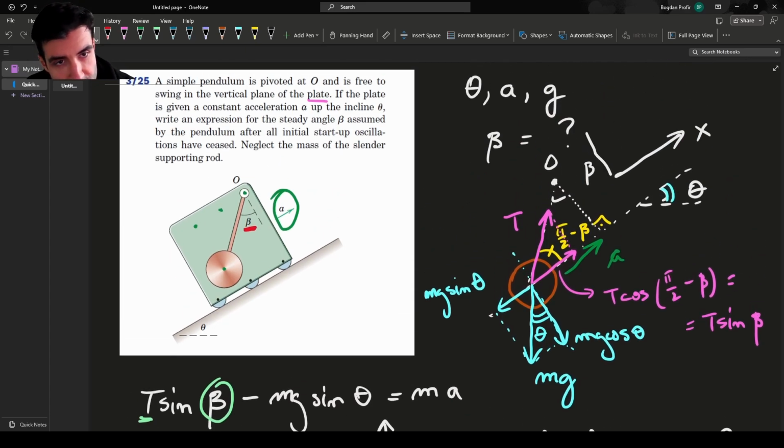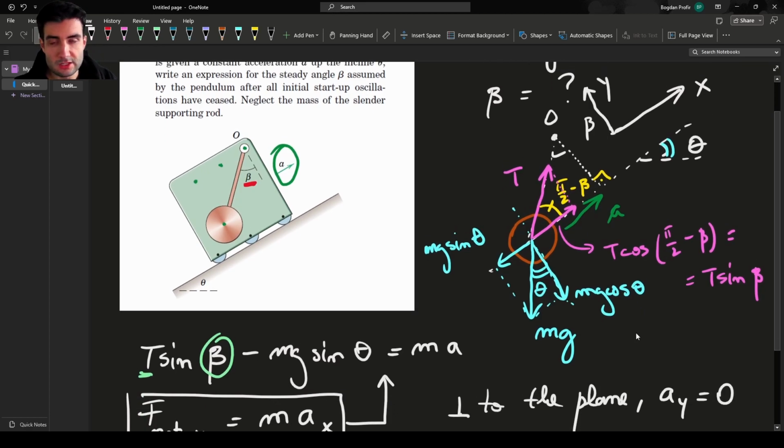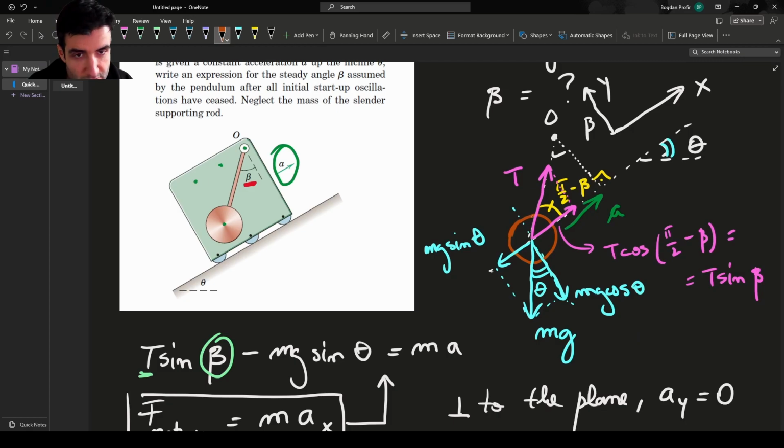That direction is going to be like this. All the motion is happening parallel to the incline. If you look at this pendulum bob from the outside, it will never move in a direction normal to the plane. It will always stay at the same level. So its velocity and its acceleration in that direction are just zero.